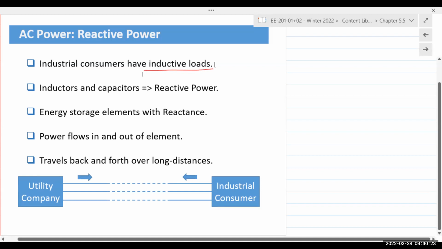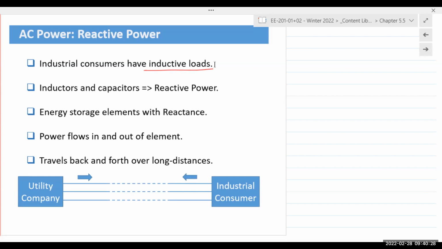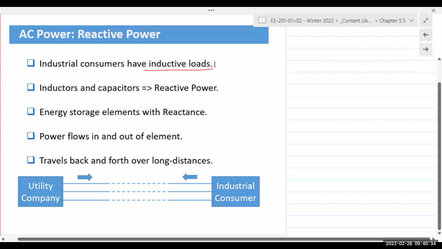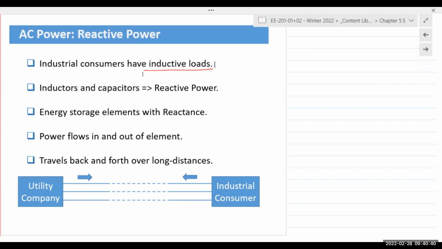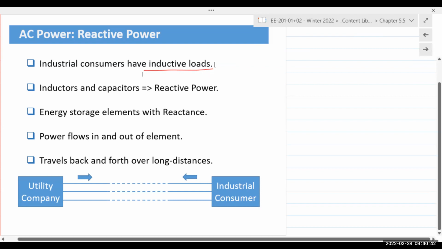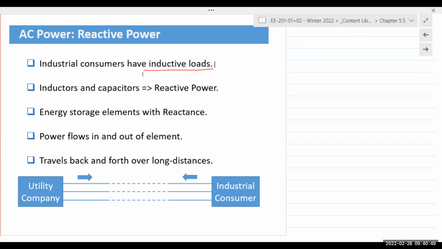Now, what did we say about inductors and capacitors? They receive the energy and they send it back. Now you can see already why it would be a problem, right? A utility company would have to send power to the customer and then receive it back every cycle, right? So the power associated with the inductor and capacitor is termed reactive power.